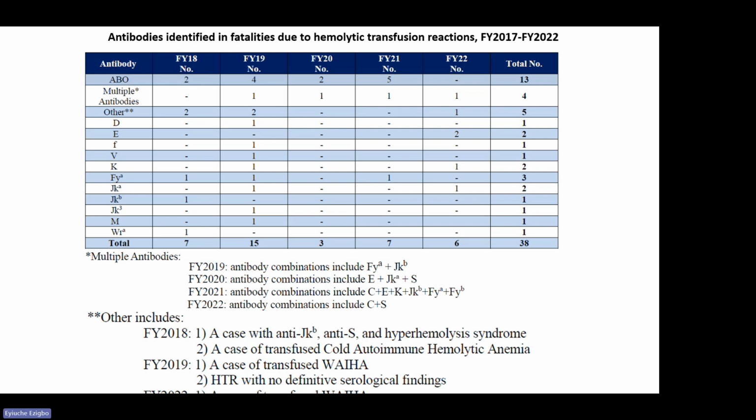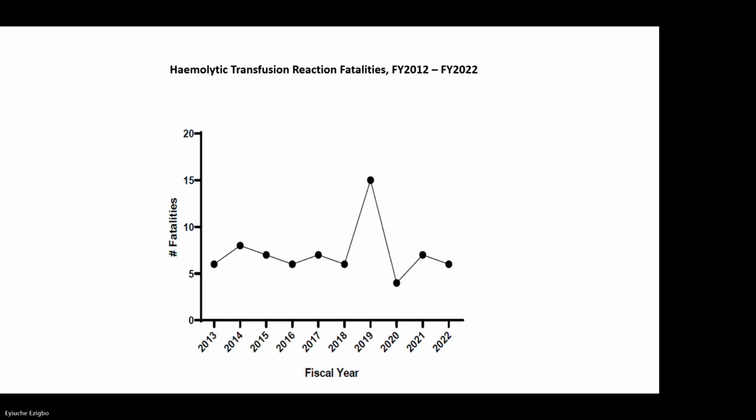So you have ABO, multiple antibodies, others, D, E. So these are some of the antibodies that have been implicated in causing acute hemolytic transfusion reaction. You can see that the fatalities due to acute hemolytic transfusion reaction have been decreasing as the years go by.